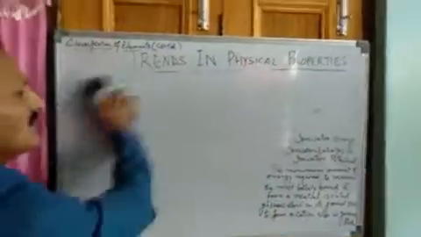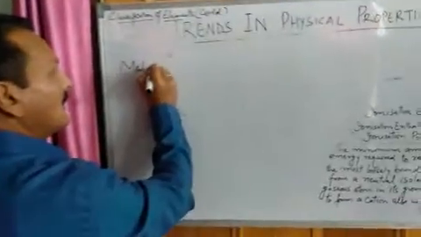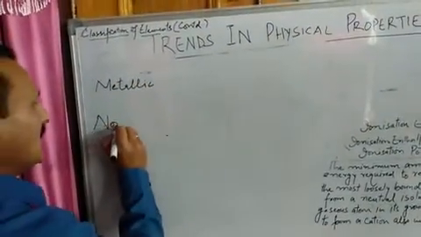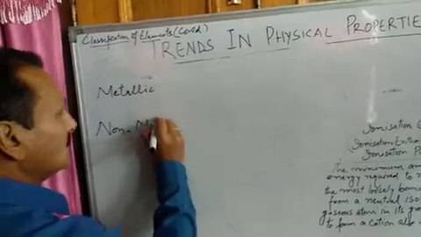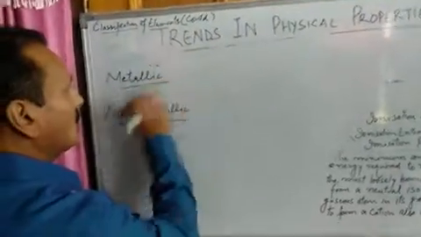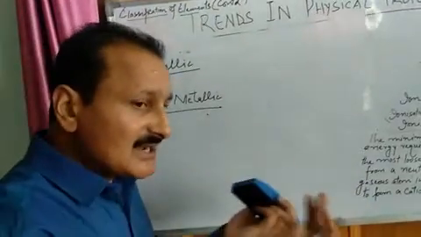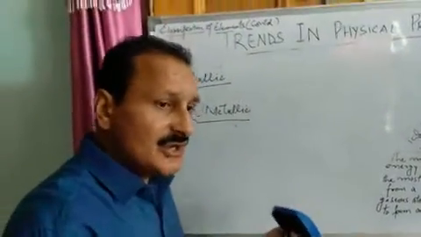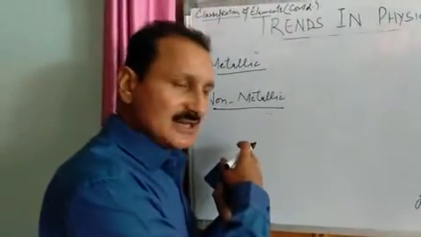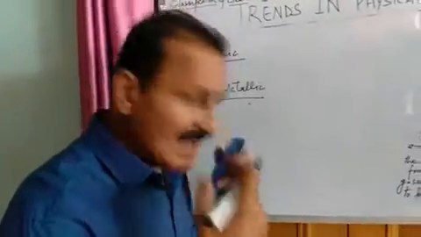Similarly, I have some other properties, say metallic character, and then non-metallic character. They are opposite characters. Metallic character means the ability of an atom to form a cation, and non-metallic character means the ability of an element to form an anion.